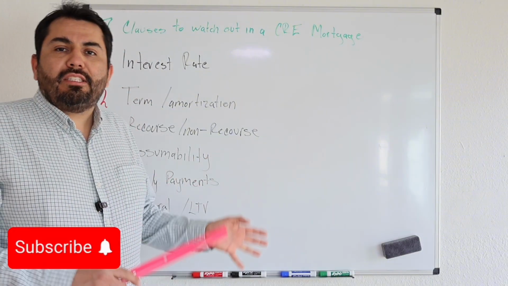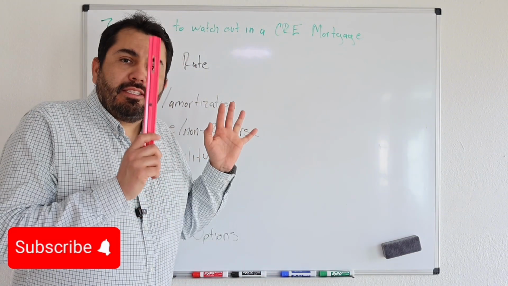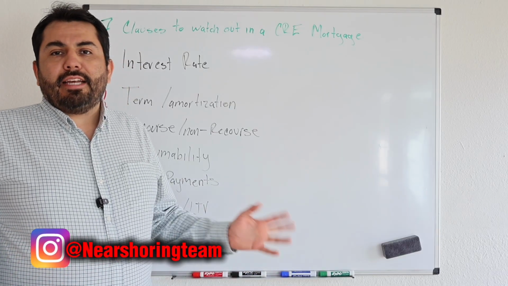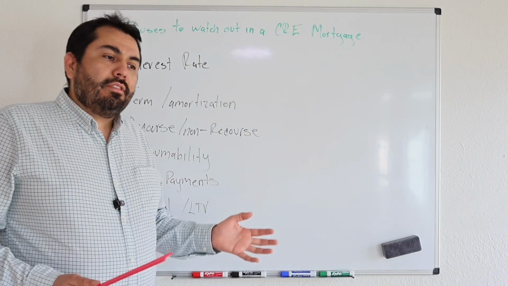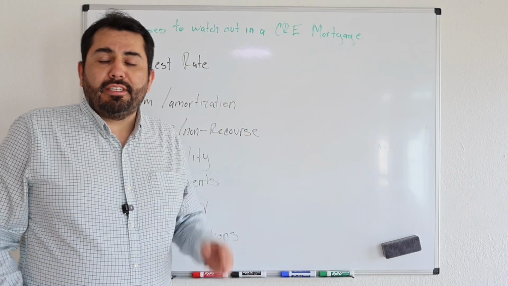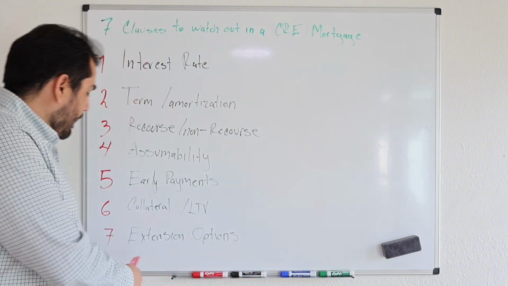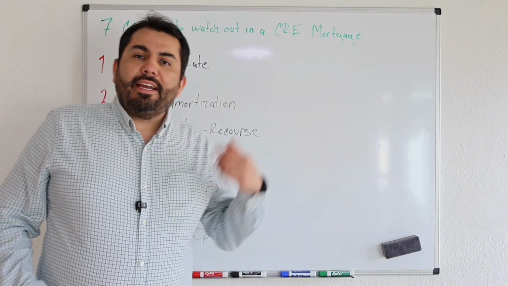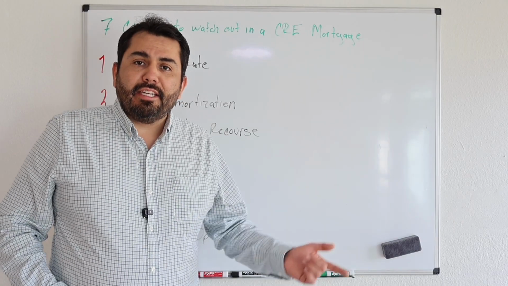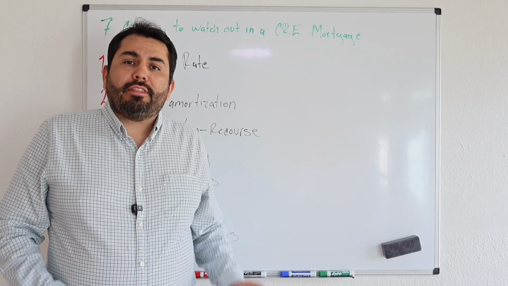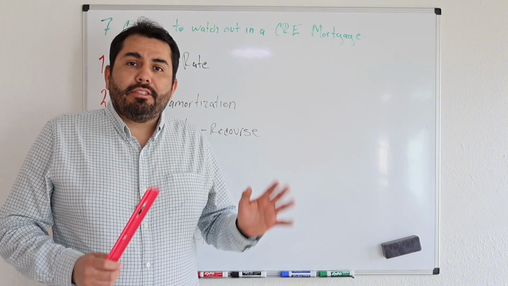You were expecting to rent and stabilize the property in 2 years, but maybe things are not that good and you take 3 years instead of 2 years to stabilize the property. So with an extension option, you can ask for and execute the extension, and then you get the 3rd year and you have enough time to stabilize the property.